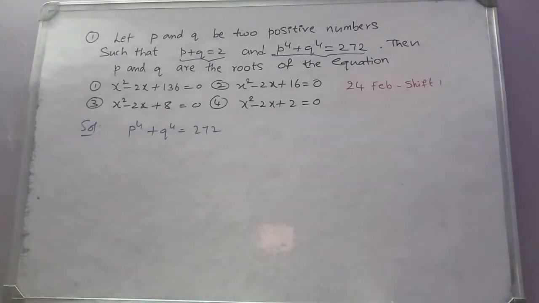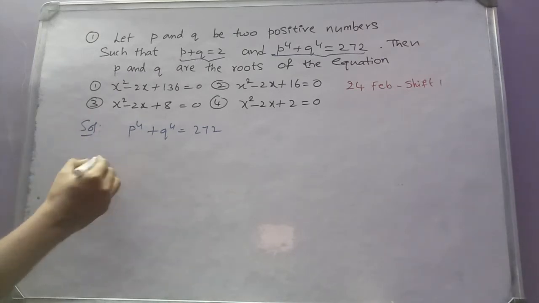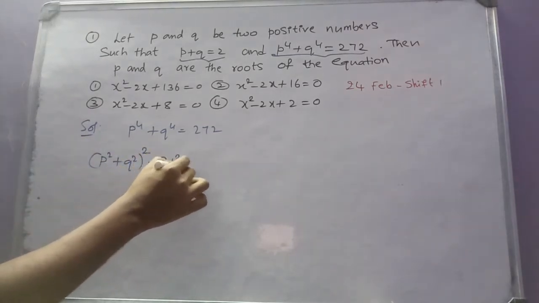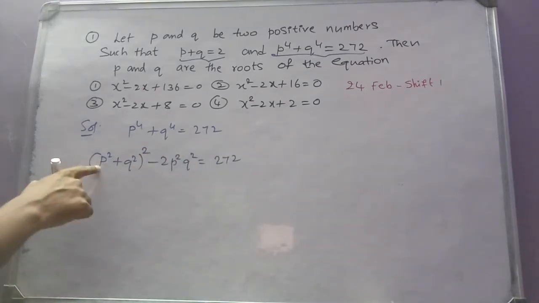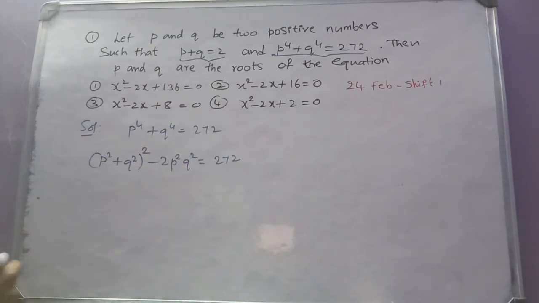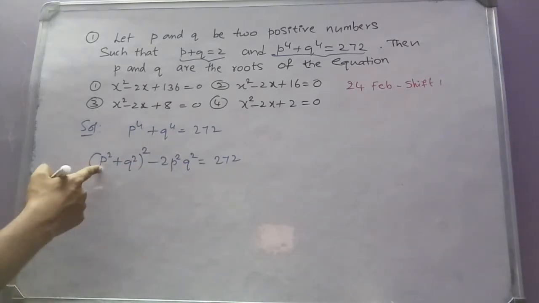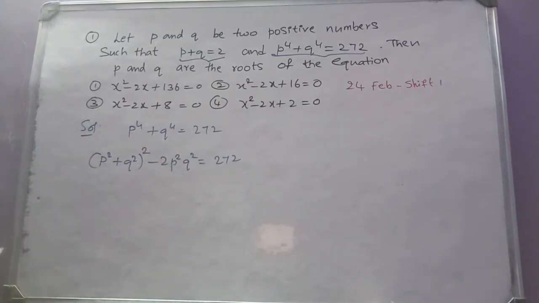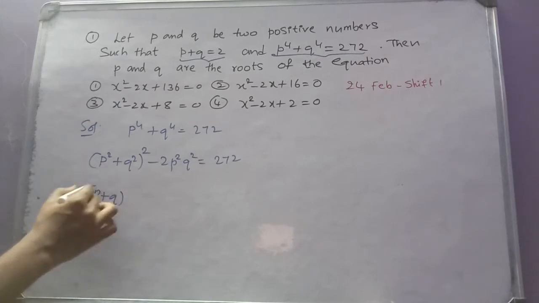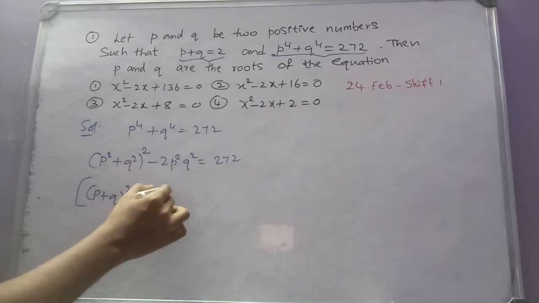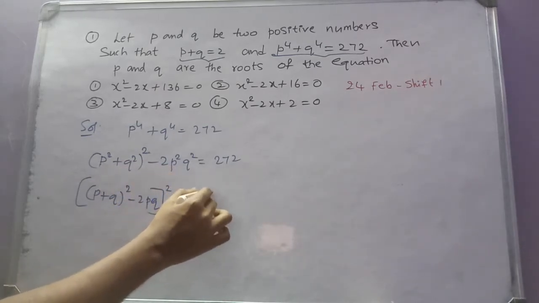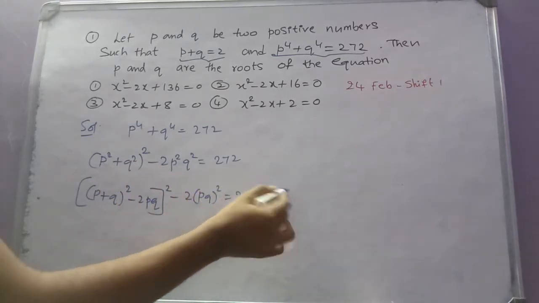So using our algebraic identities, I can write LHS as P square plus Q square whole square minus 2 P square Q square, because A square plus B square is A plus B whole square minus 2AB. And again, P square plus Q square can be rewritten as P plus Q whole square minus 2PQ, whole square as it is, minus 2 into PQ square equal to 272.